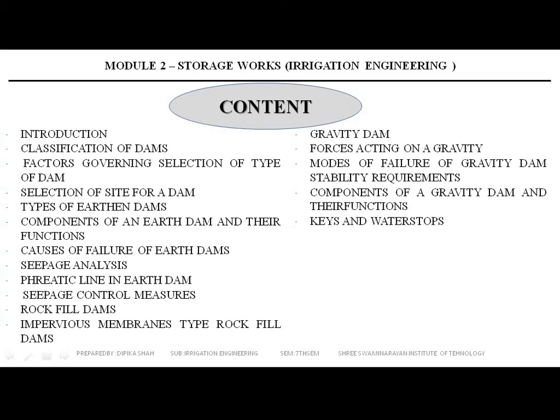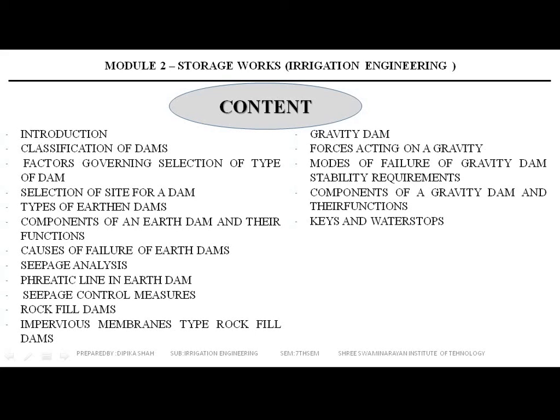Then we studied the types of earthen dam, components of earthen dam, their functions, causes of failure of earthen dam, seepage analysis, and in the last lecture we studied what is the phreatic line in an earthen dam, and seepage control measures.